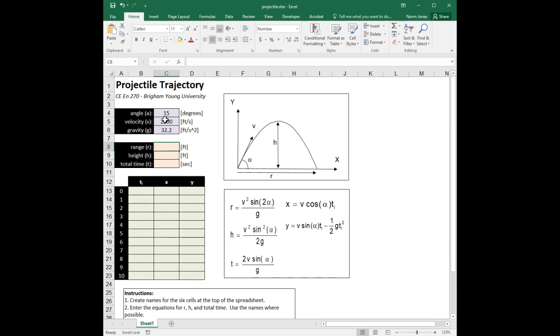Now, if I were to refer to the angle in cell C4, I would literally type C4 as that cell reference. And the velocity, I would type C5 or point at that cell, and the gravity would be C6. But what if, rather than entering those addresses like that, I could just type A for angle, V for velocity, and G for gravity, or some other expression?